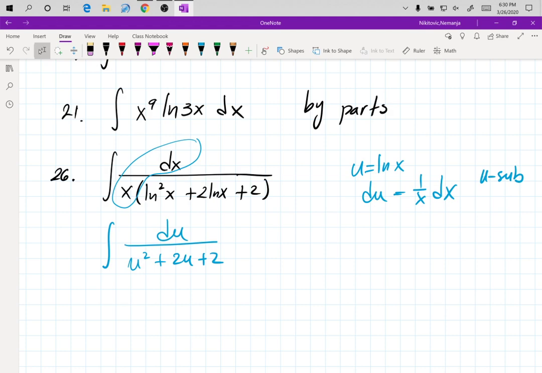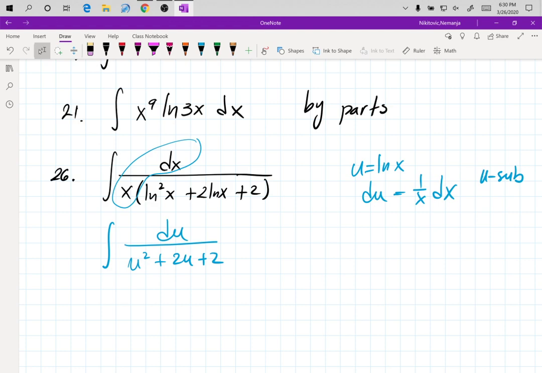We only have one of these, right? I need a minimum of two factors. So we cannot use partial fraction decomposition from this point on.